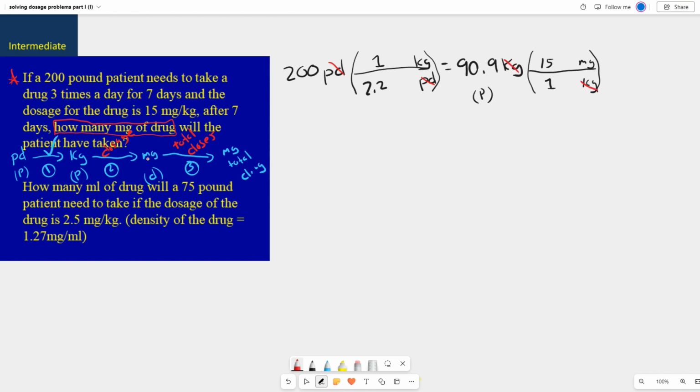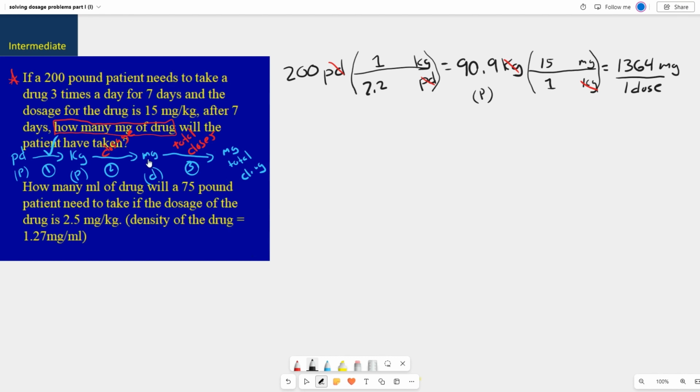Kilograms and kilograms cancel out. We take 90.9 times 15 divided by 1, and that gives us 1,364 milligrams, which is 1 dose of our drug. So now we know how many milligrams of drug he gets each time he takes a dose.